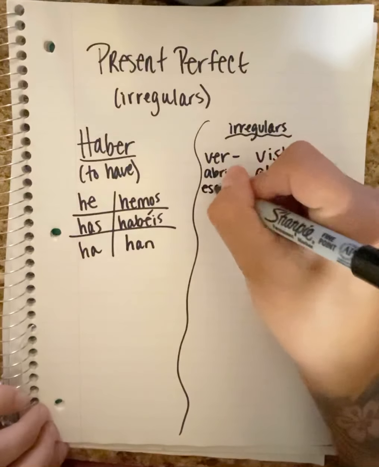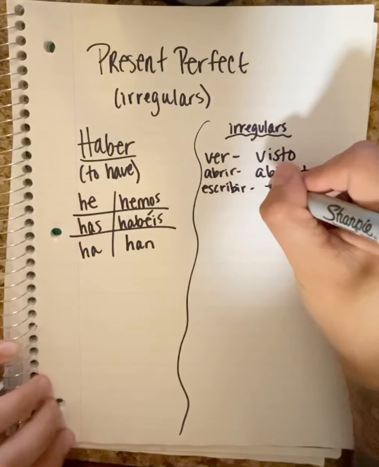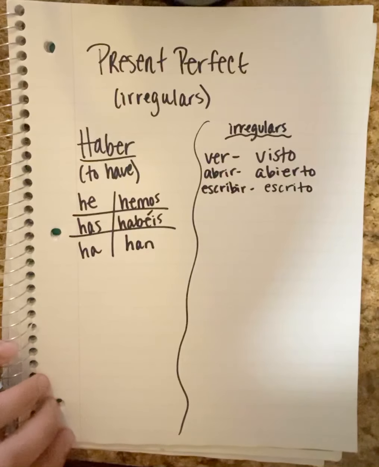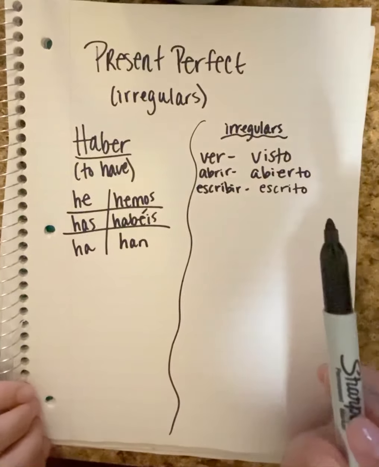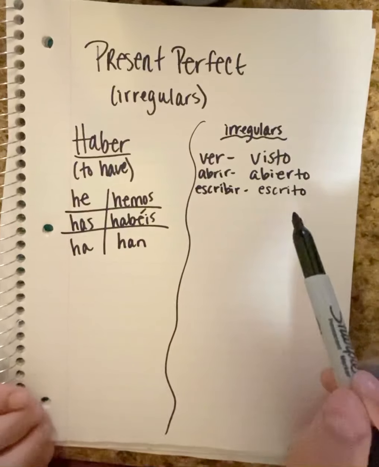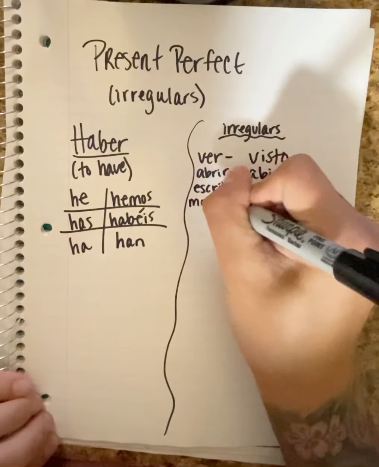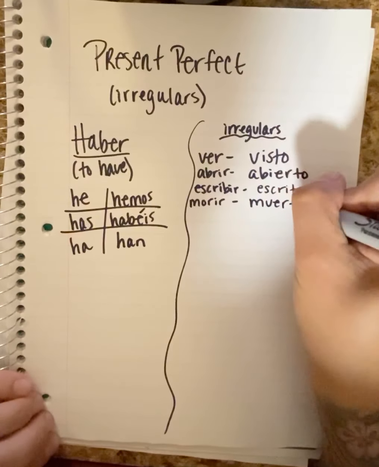You know what the verb escribir means. What does it mean? To write, and that goes to escrito. I have written. Yo he escrito. I have written the homework. Yo he escrito la tarea. The verb morir, to die, goes to muerto.